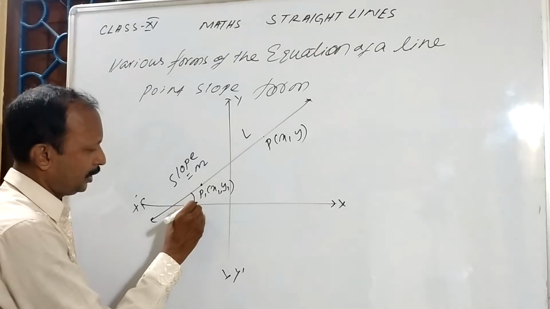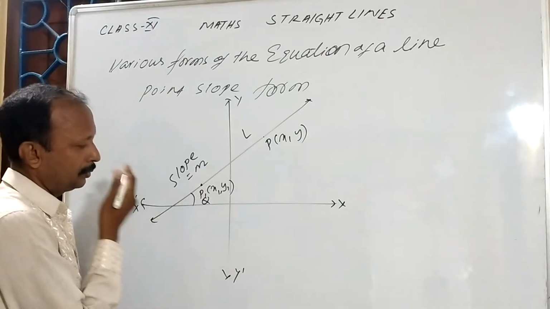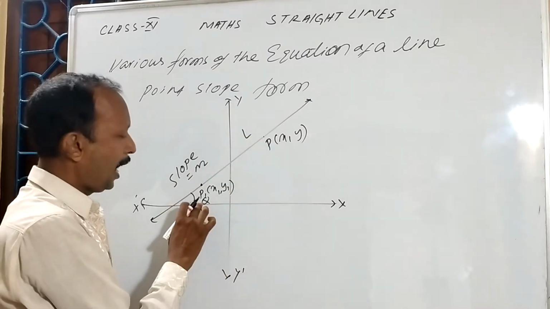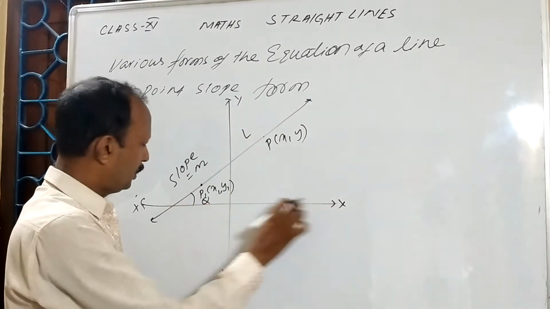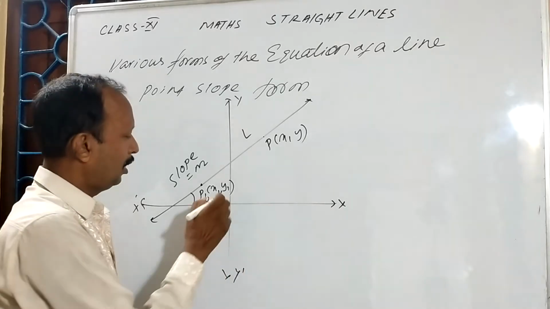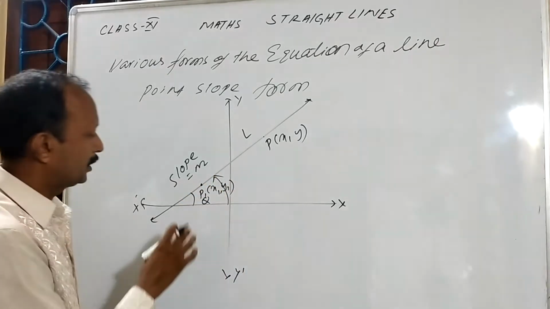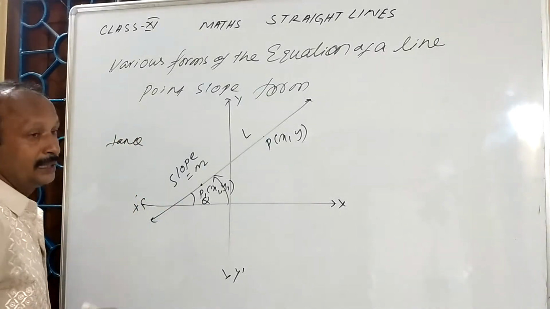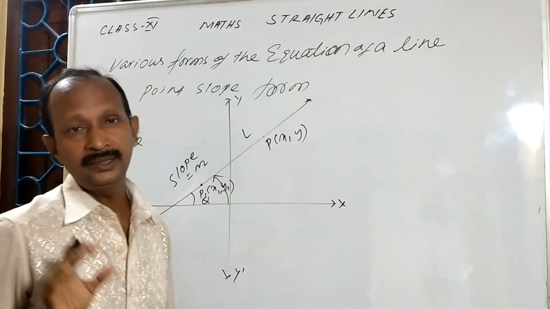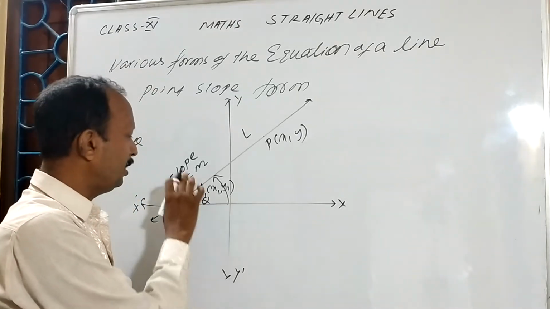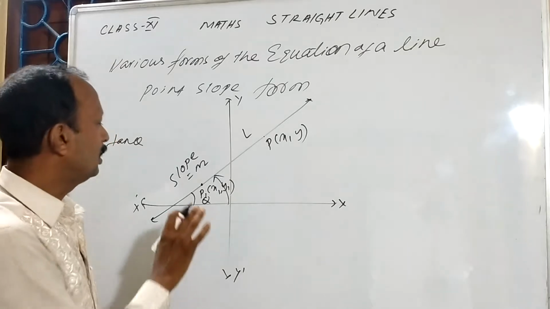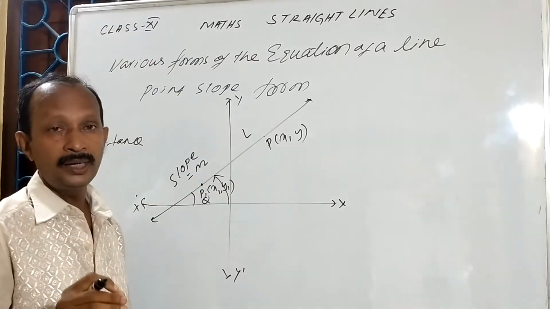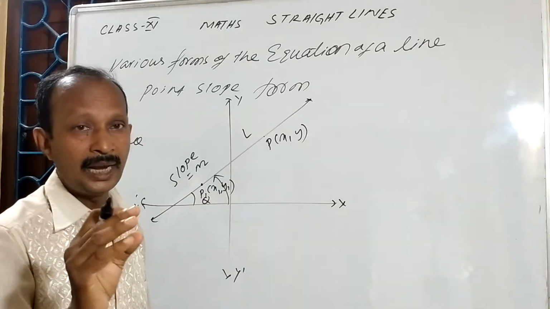Otherwise, you can say that the angle theta is given, a line making angle theta with the positive x-axis, anti-clockwise. If theta is given, we can find the slope by using the formula tan theta. Either the angle is given or the slope is given. So here suppose the slope is given and the point is given. How to determine the equation of a line?